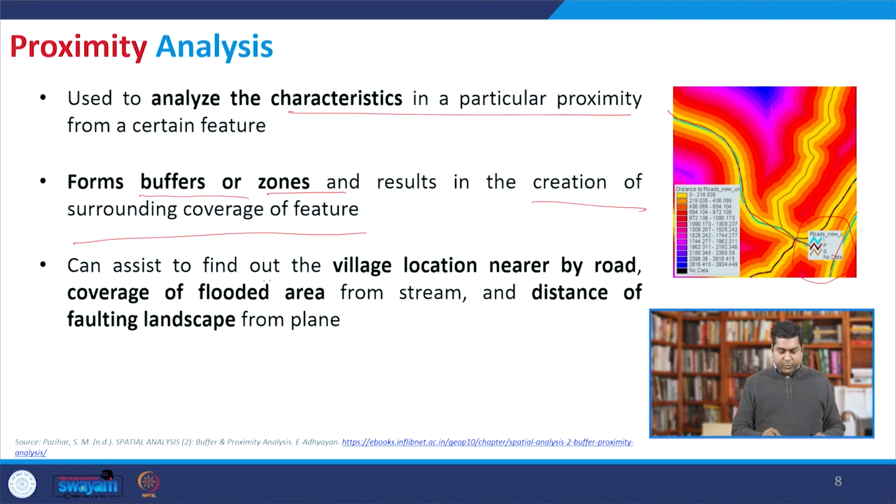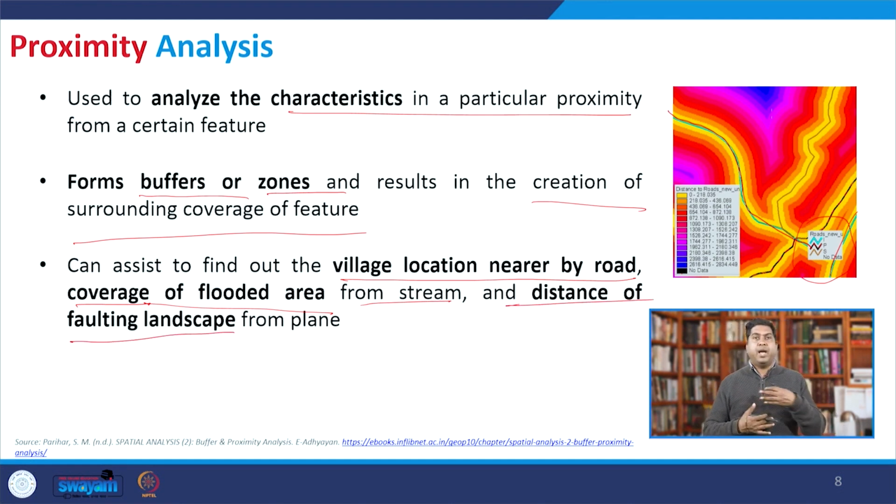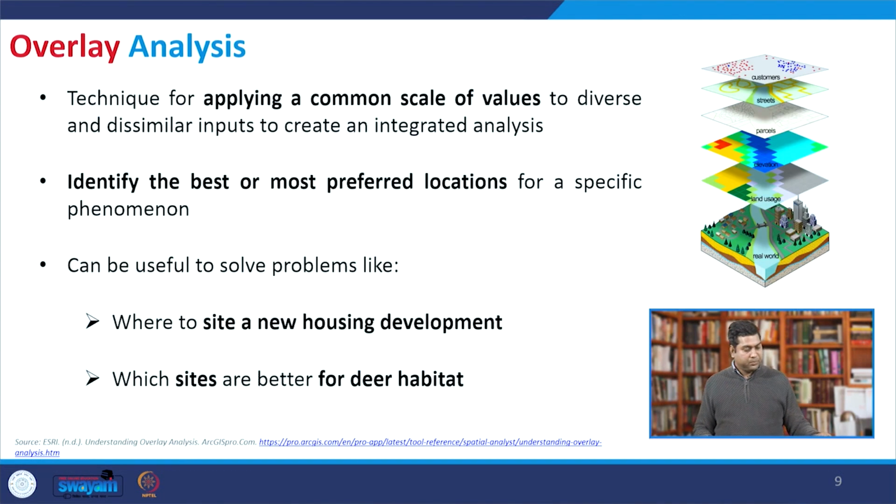It can assist to find out the village location nearer by road, coverage of flooded area from a stream, or it can be a distance of the faulting landscape from a plain. So application, definitely it will differ person to person, but this is useful.